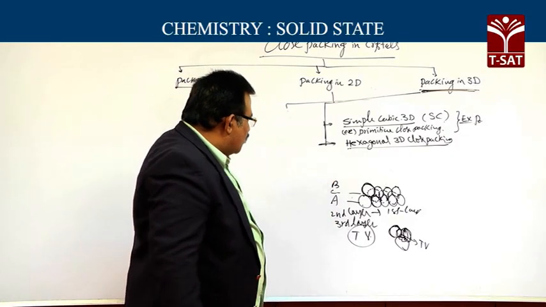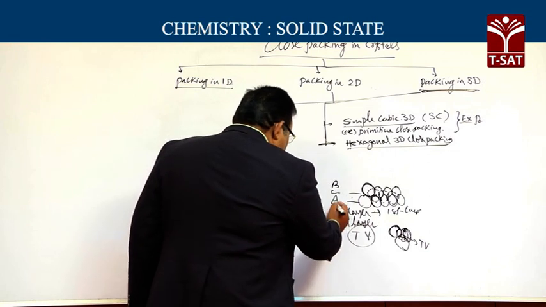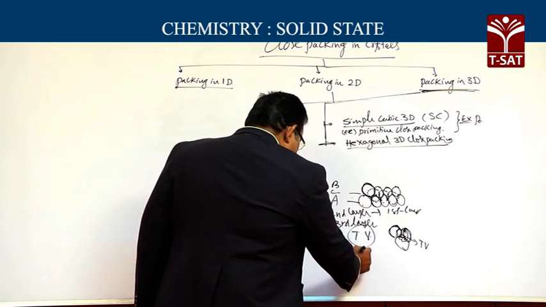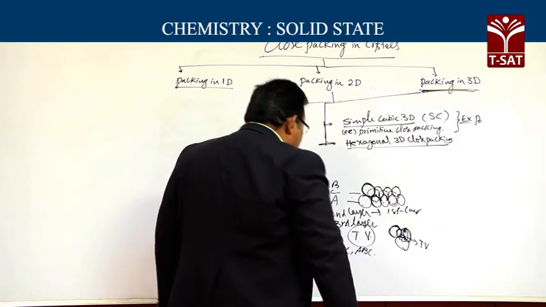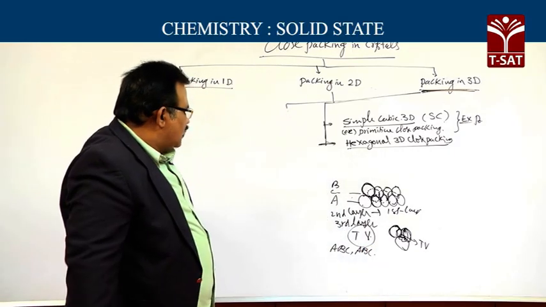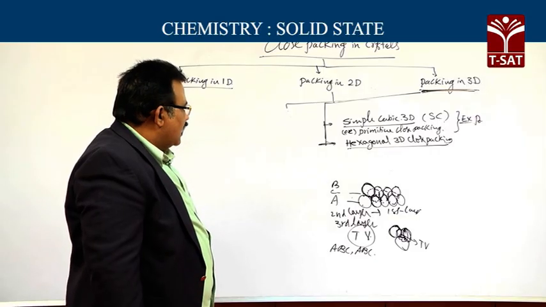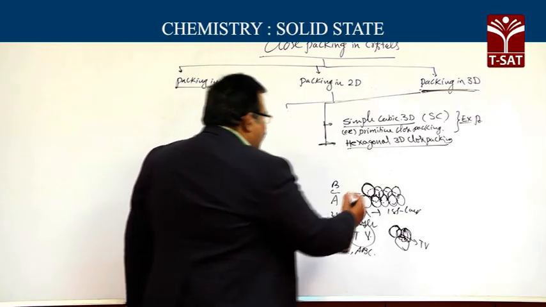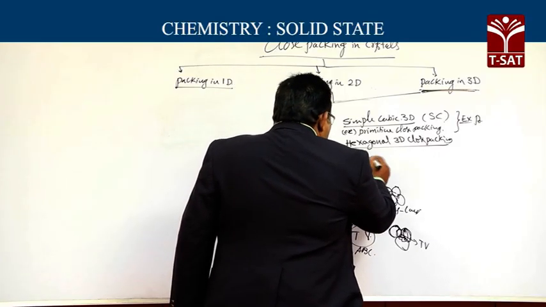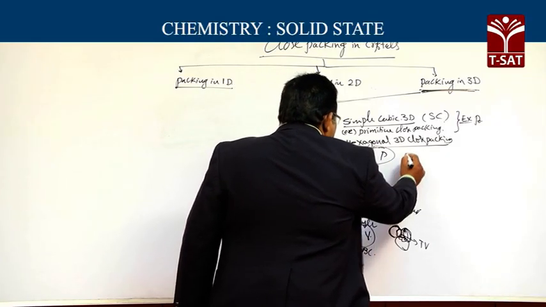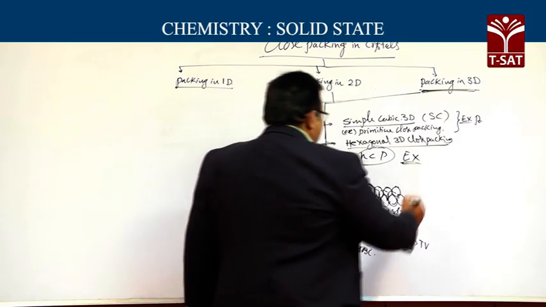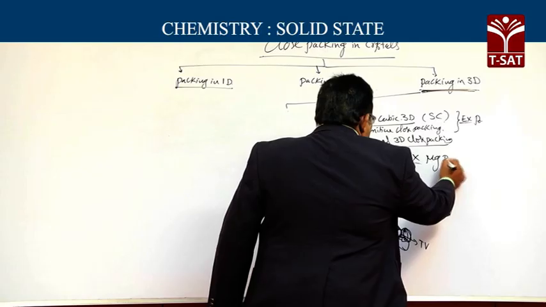So, when we talk about the pattern of arrangement, it is AB arrangement. Hexagonal close packing is present in magnesium and zinc.